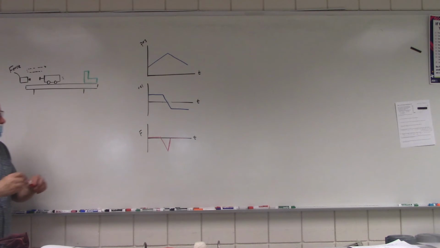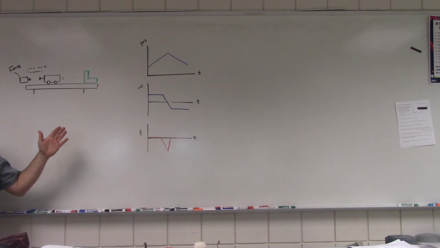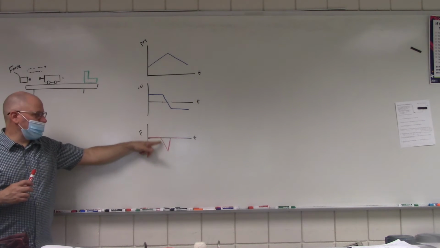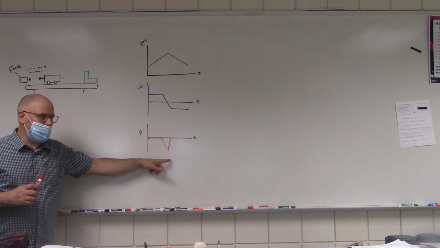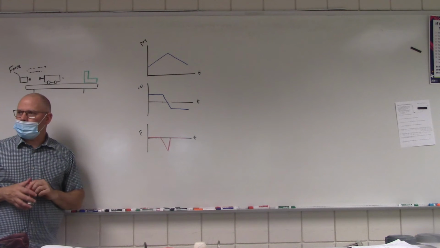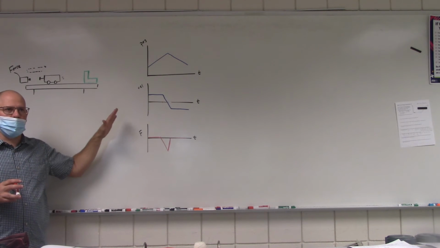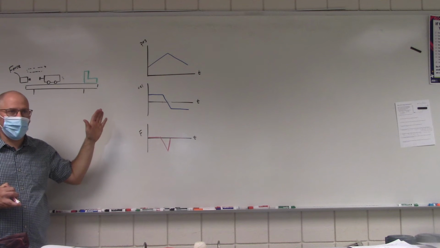And then it's 0 again. Is that cool? So the sensor's not pushing. This is where it's pushing, and it pushes, and the force goes up, and then goes back down as it sends it on its way. This is what you're looking for. Do you think you can find it?